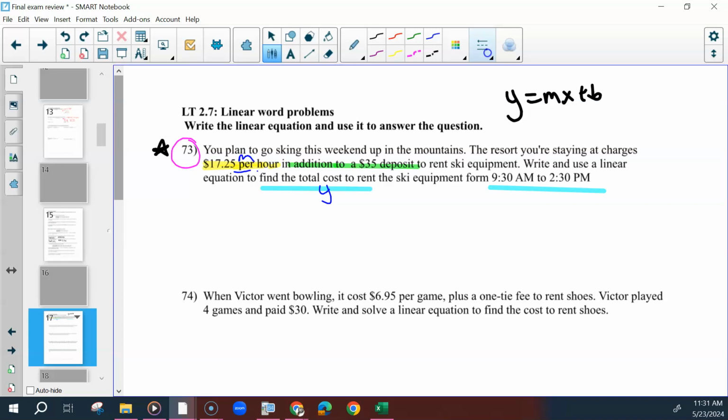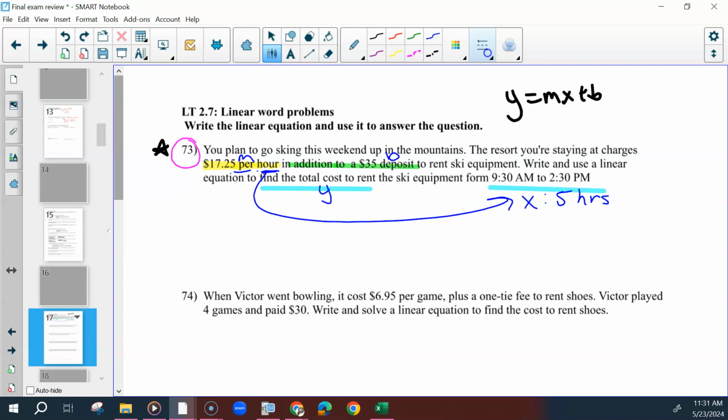Whatever word is connected to per, so hour, that's going to be your x. And in this case, we're going to look for a specific amount of hours, figure out how many hours that would be. And then your b would be if you have any one-time fees or things that you only pay for once.